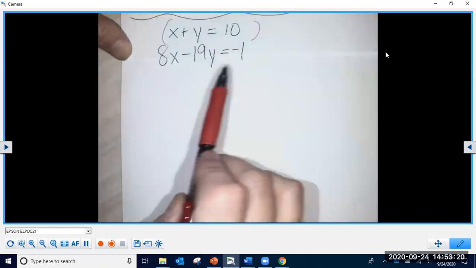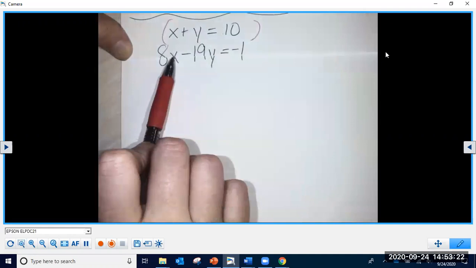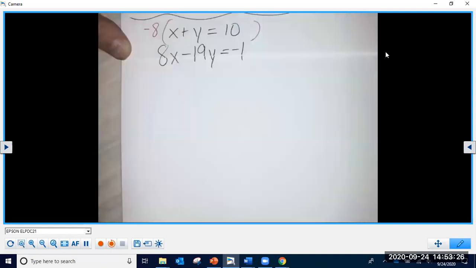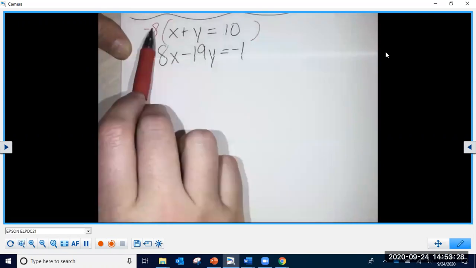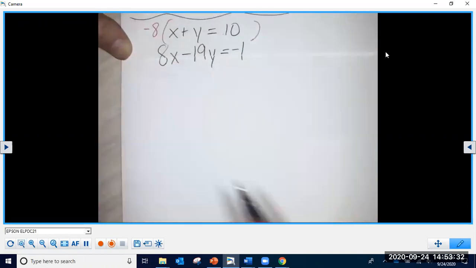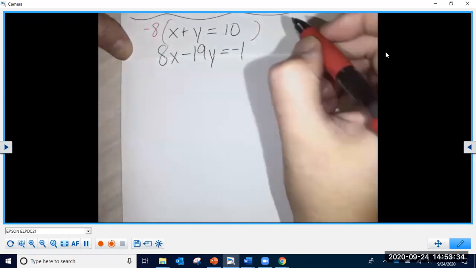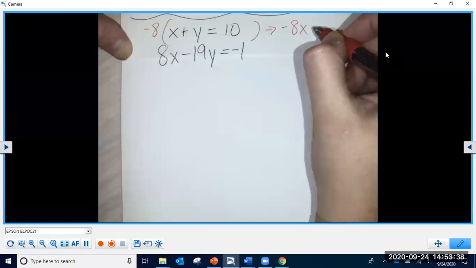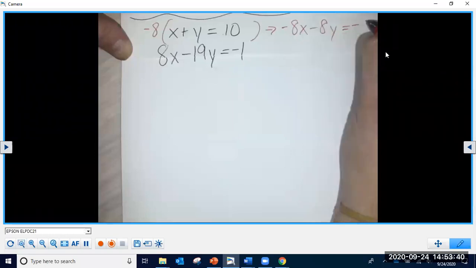So I'm just going to choose to eliminate x. So I'm going to multiply the top through by -8. You could also multiply by +19 to eliminate y. If I do that, I get -8x minus 8y equals -80.